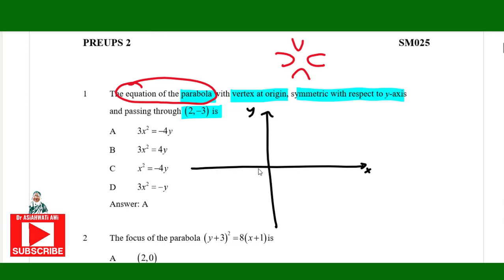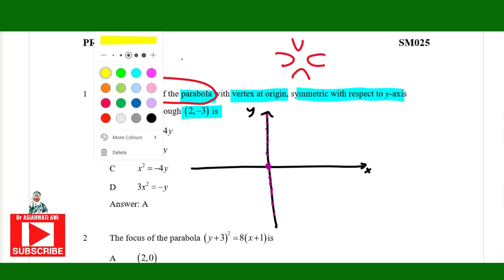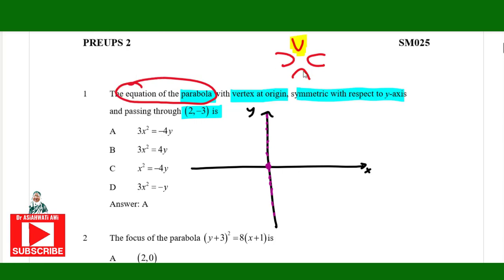The vertex is at the origin, with symmetry with respect to the y-axis. So the parabola opens up or down, right? Because it is symmetric to the y-axis.